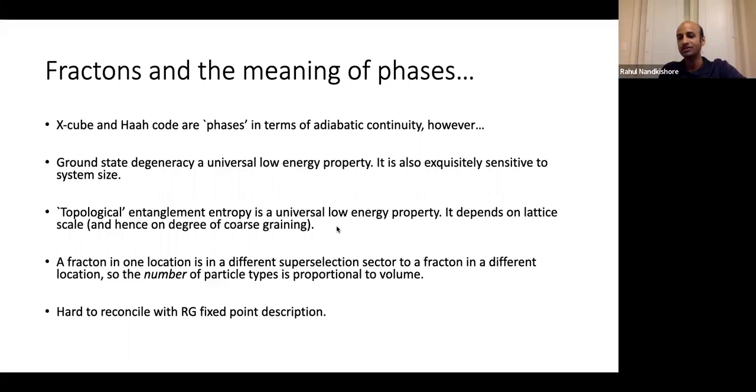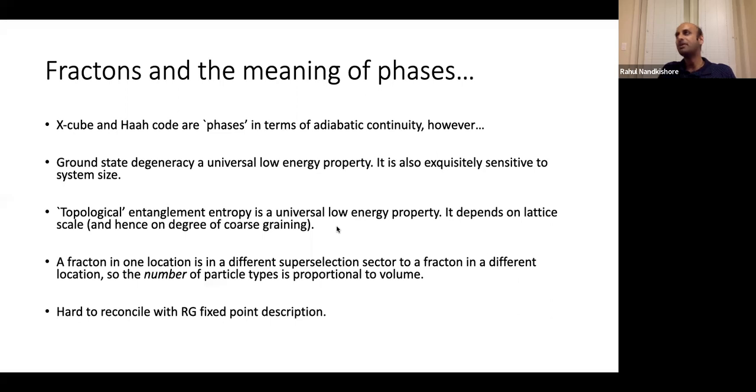I guess if you just take the state and you act on it with translation, you'll get the state with the fractons moved over by one unit, but now that's in a different superselection sector.